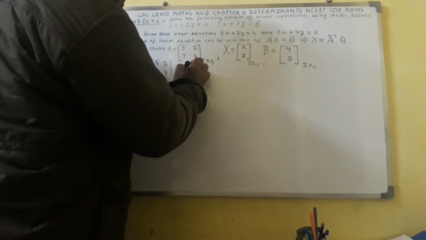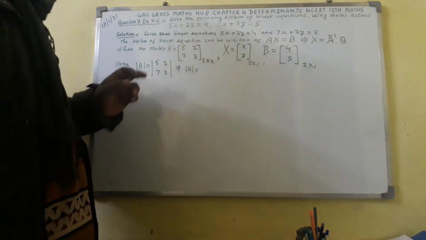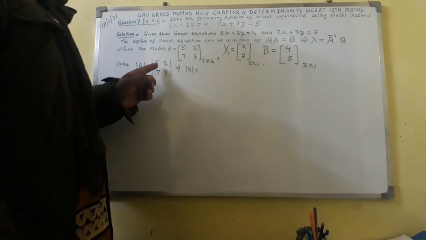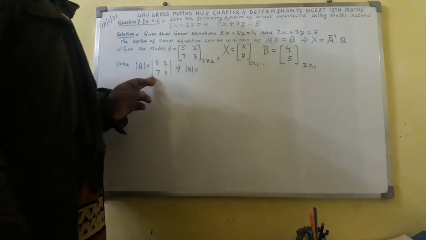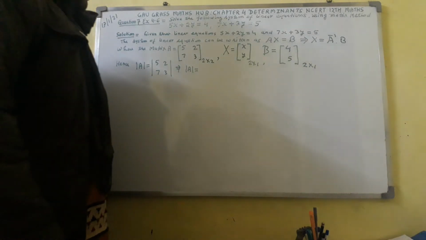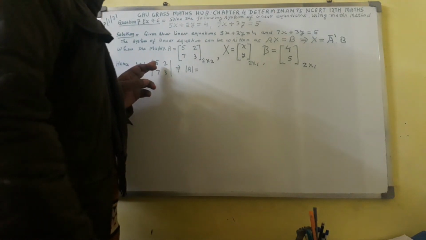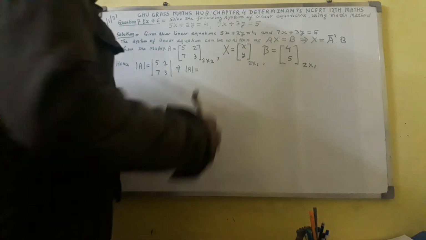Det A equal to, here you can see in this determinant, elements of principal diagonal are 5 and 3. The elements of reverse diagonal are 7 and 2. The elements of principal diagonal, 5 and 3 will multiply together.